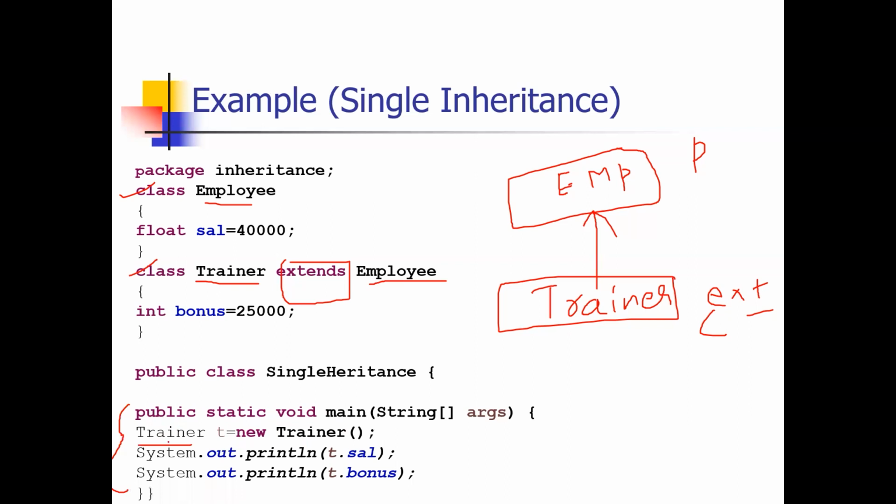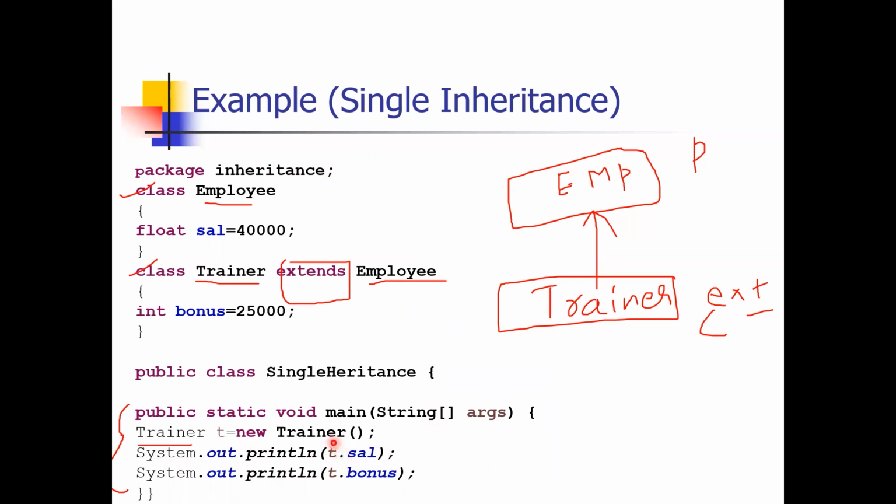Now we want to print the salary of the trainer and the bonus of the trainer. So System.out.println(t.sal). Now when we execute this program, Java will see the println command with t.sal.